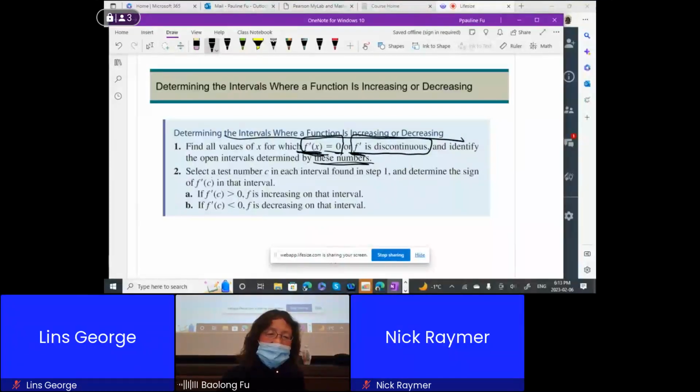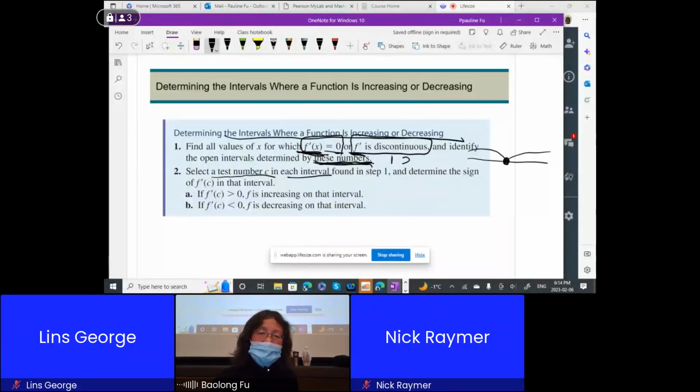And then we select a test number in each interval. Remember, if you have those numbers, could be 2 numbers, or could be 1 number, 2 numbers, 3 numbers, 4 numbers, etc. Suppose there is just 1 number such that the derivative equal to 0, and you use that number to divide the whole real line into 2 parts, just 2 parts, either this part or this part.